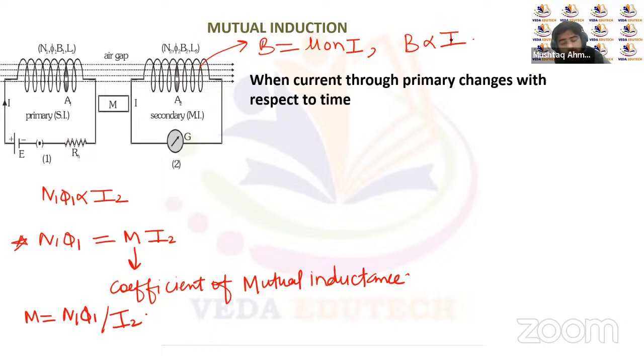If we increase I, the flux linked to the coil will also change, because of the current change in I2, the secondary coil. Because of that, EMF will be induced in the primary coil, and that EMF will oppose the change in flux in the primary coil. So this is how we understand mutual inductance.